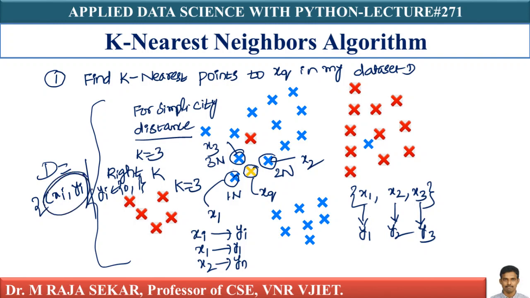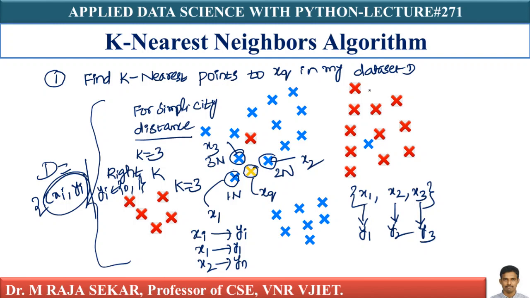For each of these points, I know whether the label is positive or negative, whether it is a blue point or a red point. For each point I have the corresponding label, blue or positive, red or negative.